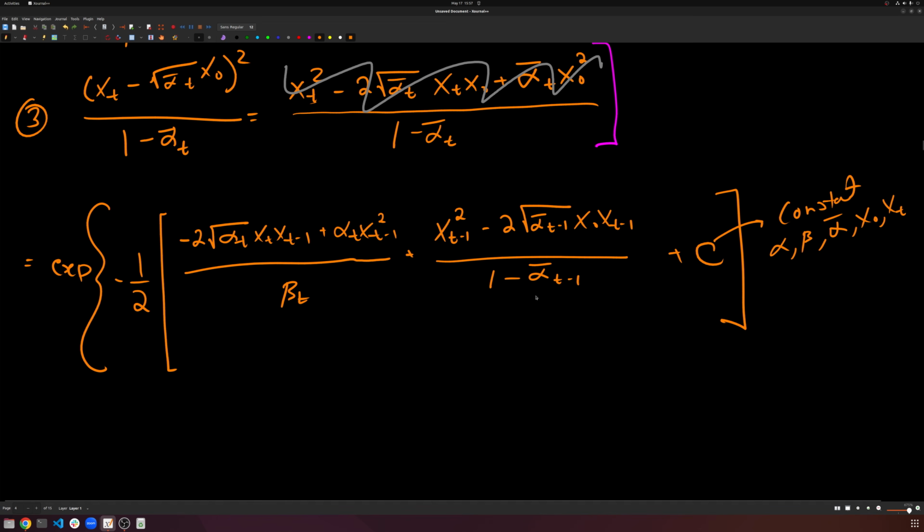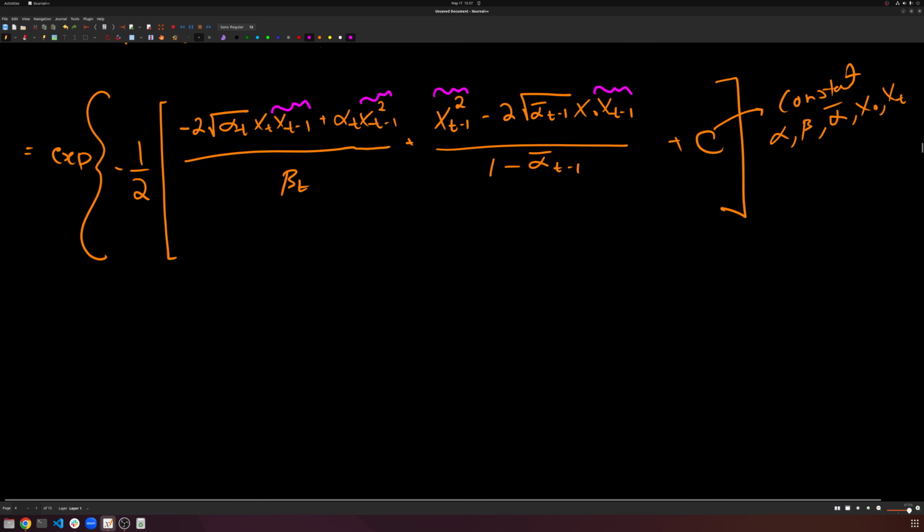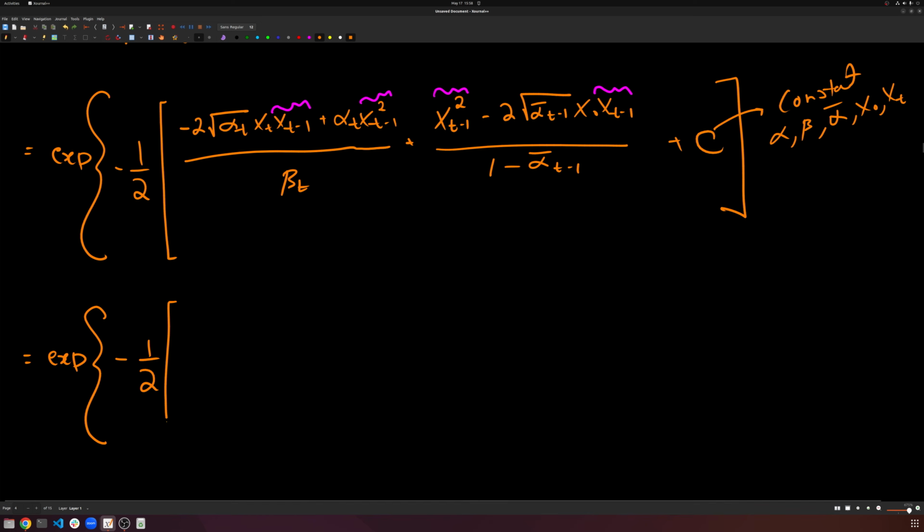So we are almost good to go, but let's recognize something here. We have an xt minus 1 term here and here, and we have an xt minus 1 squared term here and here. So why not just rewrite it kind of like a quadratic, and we're going to see that come together right now. So this is going to be equal to exp negative 1/2.